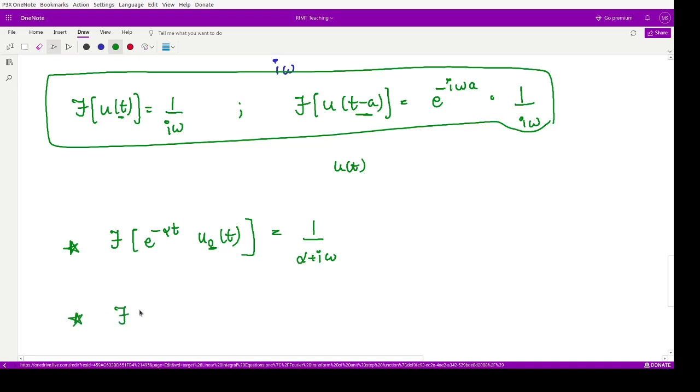Another formula is that the Fourier transform of e to the power minus alpha modulus of t is equivalent to 2 alpha divided by alpha square plus omega square.